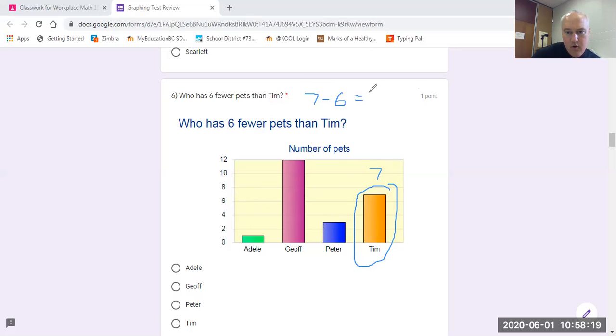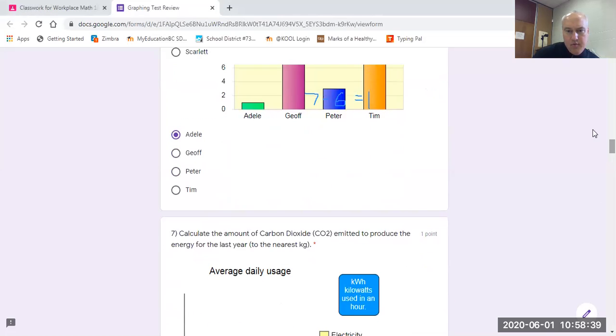And so we're looking for the person who has 1, and the one that lines up with 1 is Adele. So Adele is the one who has 6 fewer pets than Tim. And so I would click on Adele as my answer, and that would be the answer for question 6. Hopefully that makes sense to you. Oh, I forgot to erase that off as well.